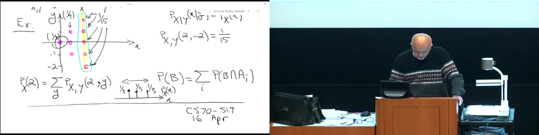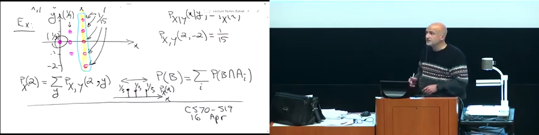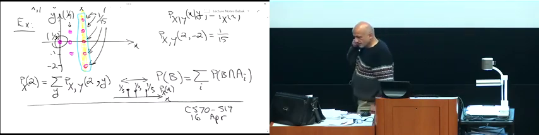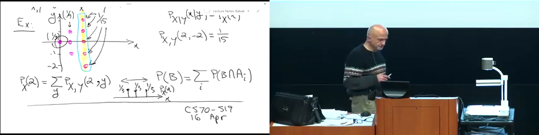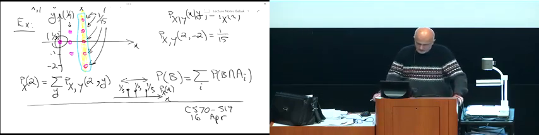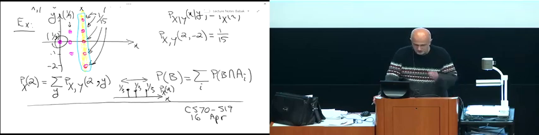Okay, let's pick up where we left off last time. We introduced the notion of joint probability mass functions, and we were just getting into the idea of independence of discrete random variables.